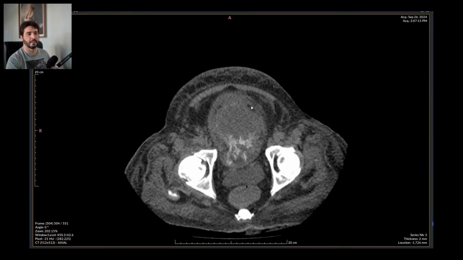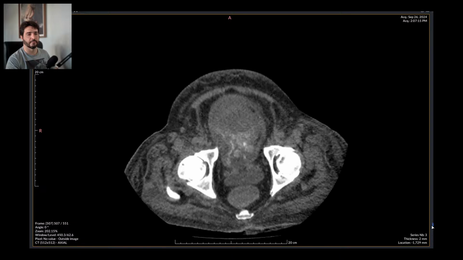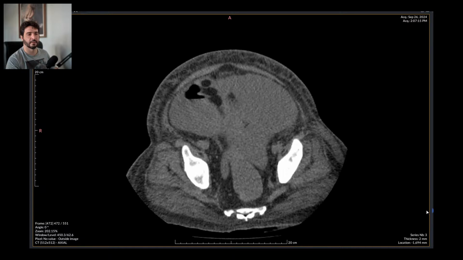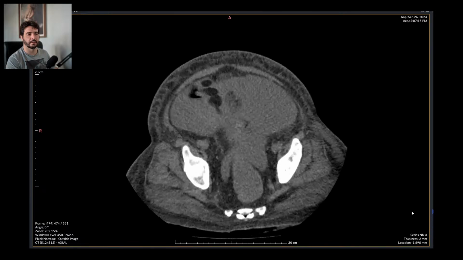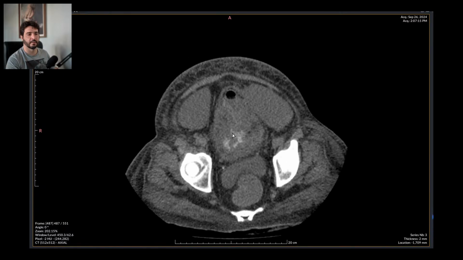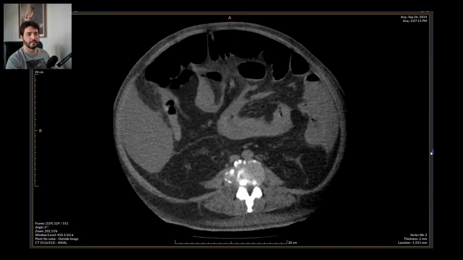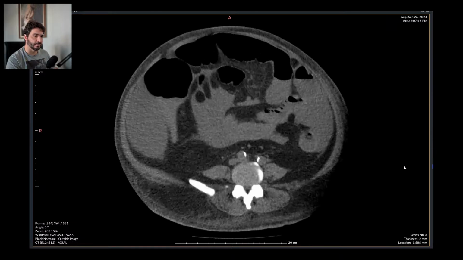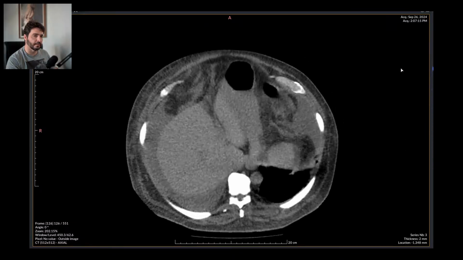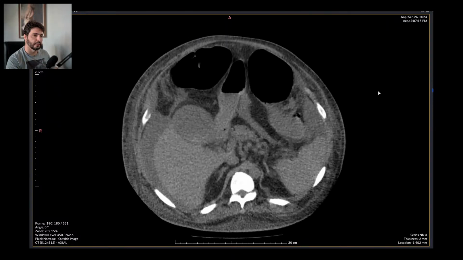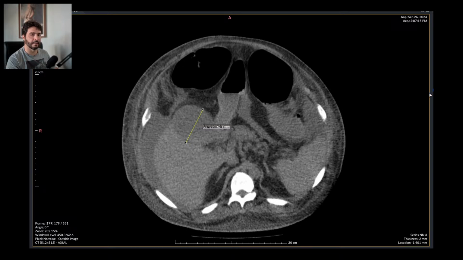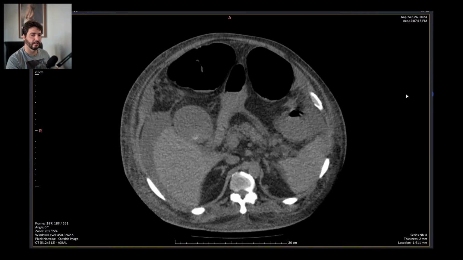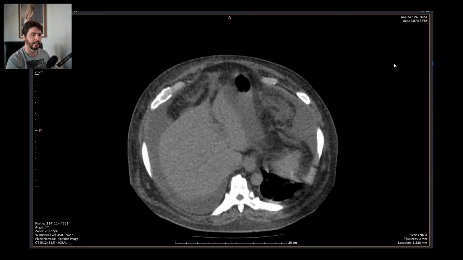There is diffuse thickening of the walls of the urinary bladder and some kind of hyperattenuating component on its insides. This is probably blood or residue from some other radiological contrast enhanced exam. Let me just measure this gallbladder right here. It's 67, so it's clearly hyperdistended.